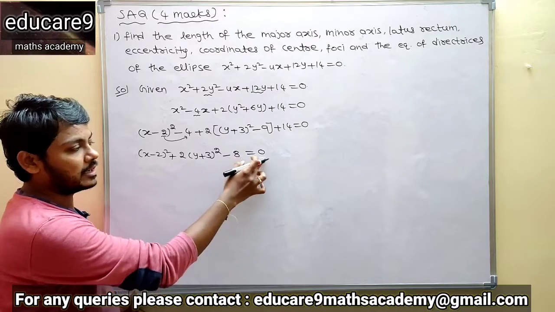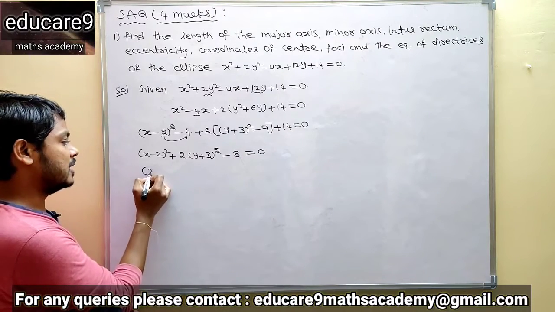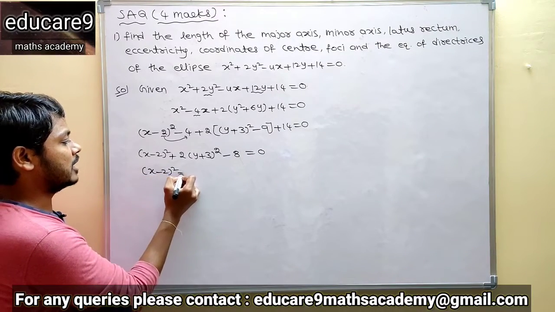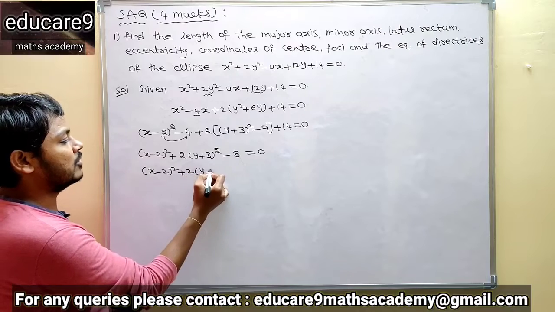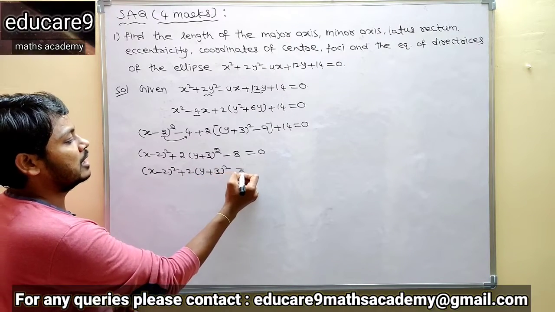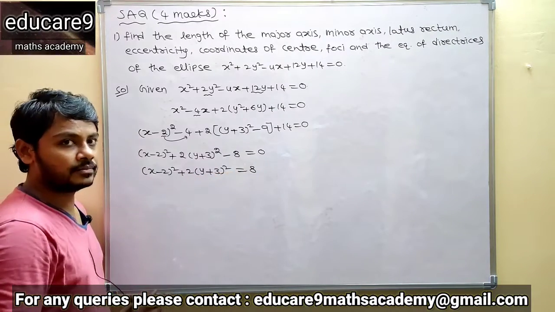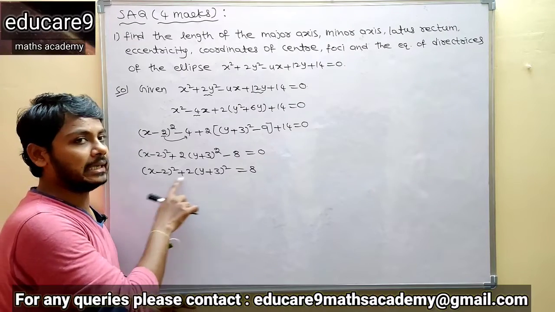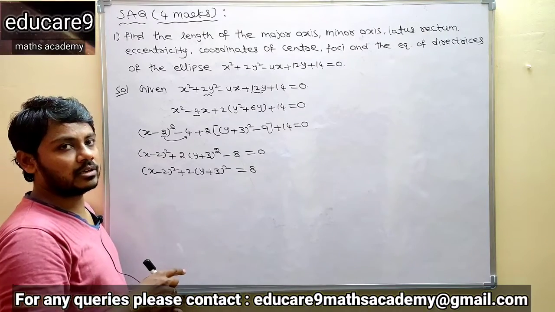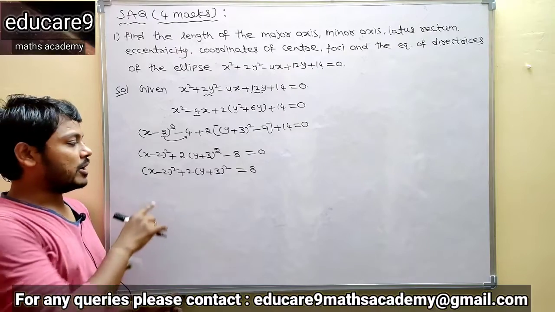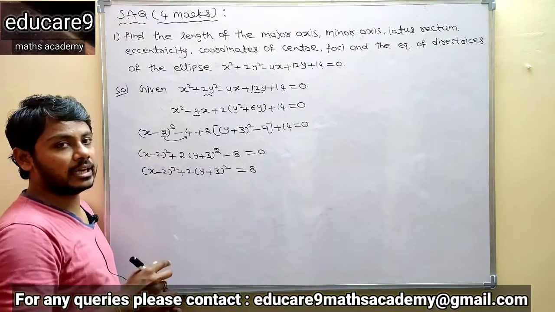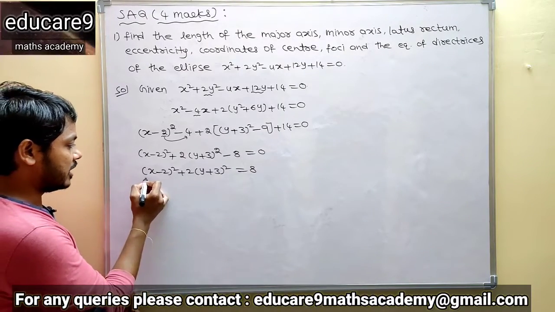So sending this 8 to the right side, it becomes (x minus 2) whole square plus 2 times (y plus 3) whole square is equal to 8. So we have to divide the given equation by 8. See here what you get.